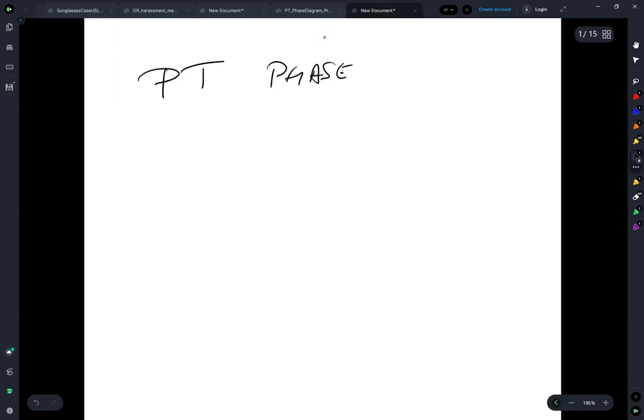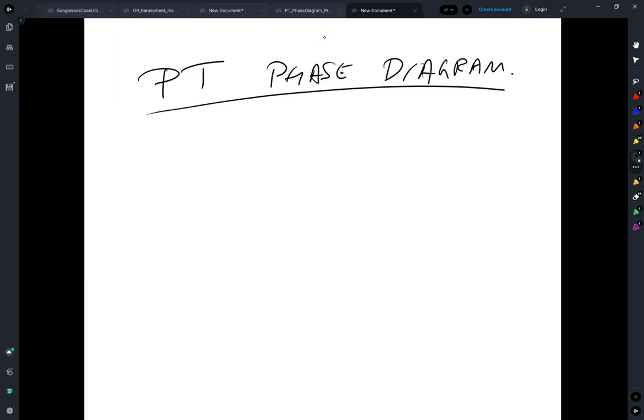So in this lecture, I want to show you the steps that I went through to try to create a single component pressure temperature phase diagram. I haven't seen this in a textbook before, for, I think, good reason I've come to recognize.